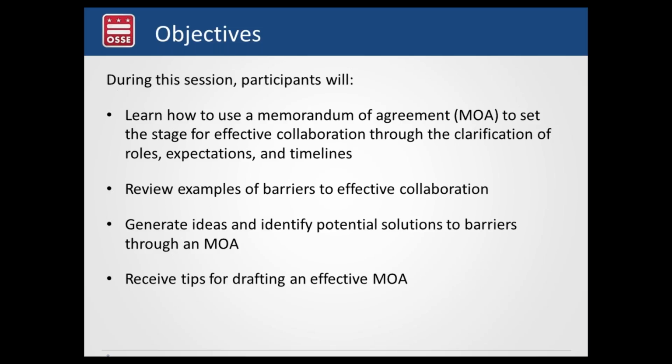We'll also review examples of barriers to effective collaboration, along with being able to, from a focused problem-solving perspective, generate ideas and identify potential solutions to those barriers through the use of an MOA. And then finally, participants will be able to receive tips on drafting an effective MOA.